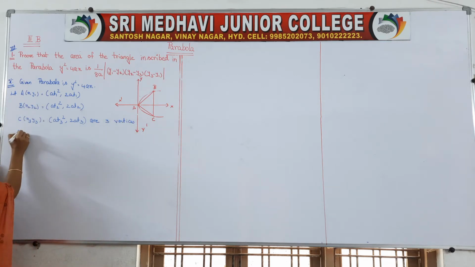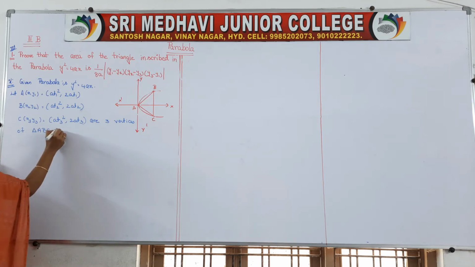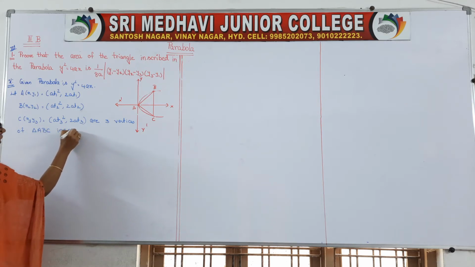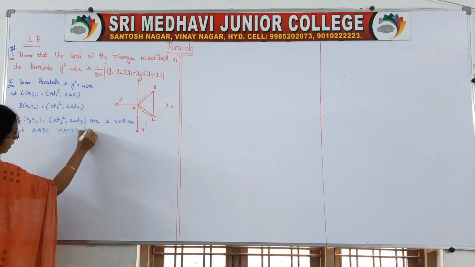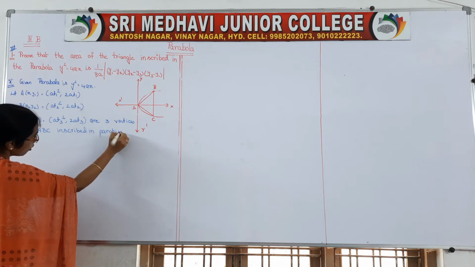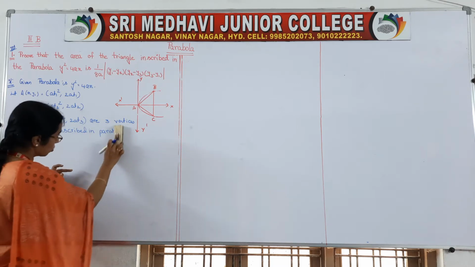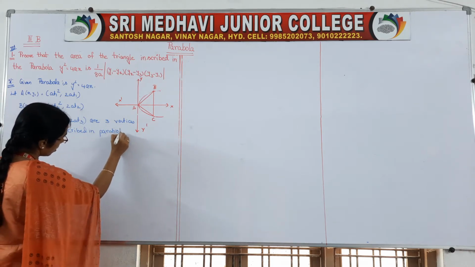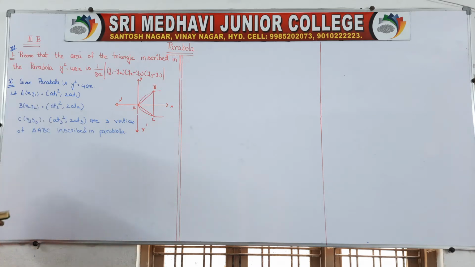Vertices of triangle ABC inscribed, right? Inscribed in parabola. It is inscribed inside the parabola. Okay, so now we have to find area of this triangle.